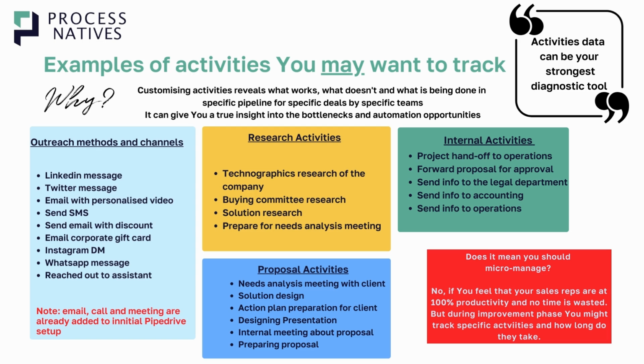If you want to see what type of research takes the most time, name all of them. Is it buying committee research or technographics research that you spend the most time on? We also know that internal activities can be a real time eater. If you feel that's the case with your company, make sure that sales reps have all internal activities available on Pipedrive too. Finally, proposal activities.